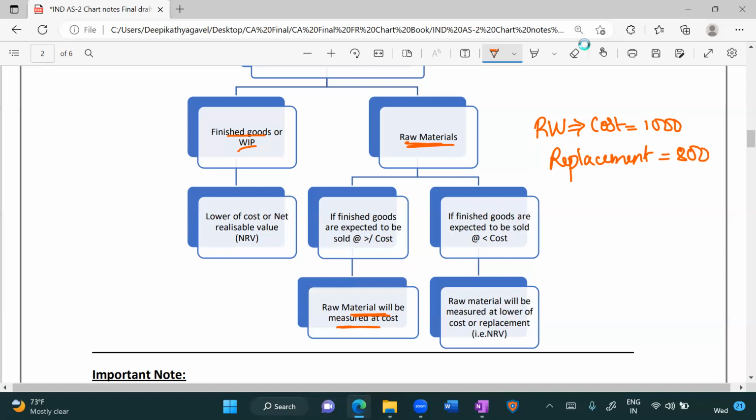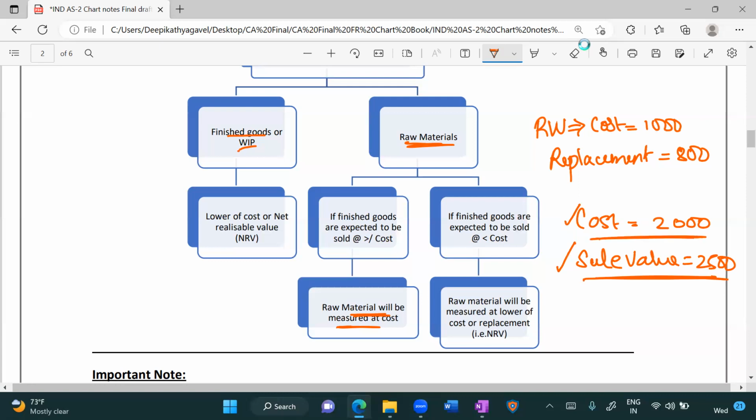Now, whether it should be booked at 1000 or 800 will depend on, let's say, the cost of completing that particular finished goods is 2000, and it is expected to be sold for 2500. So the cost is less than your sale value, or I can put it the other way, your sale value is greater than your cost. So the raw material will be measured at cost.